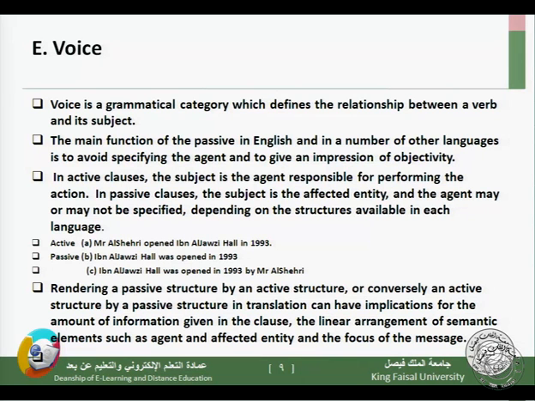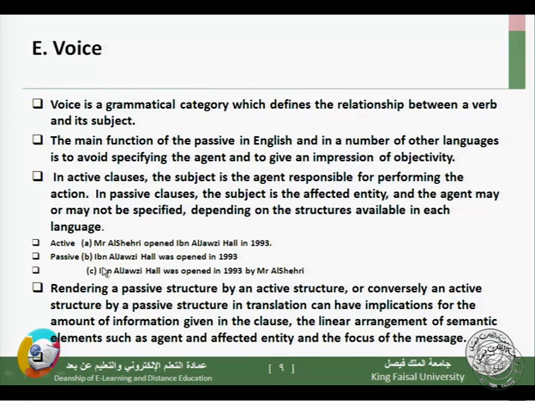For example, in active clauses, the subject is the agent responsible for performing the action. In passive clauses, it means sentences, the subject is the affected entity and the agent may or may not be specified depending on the structures available in each language.